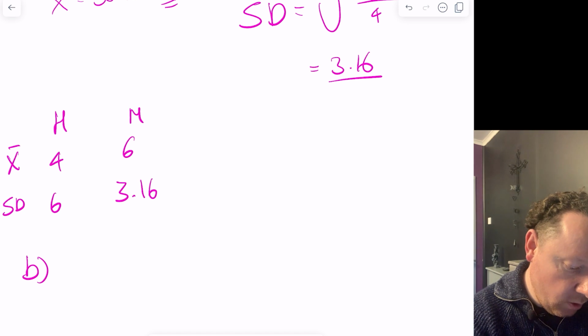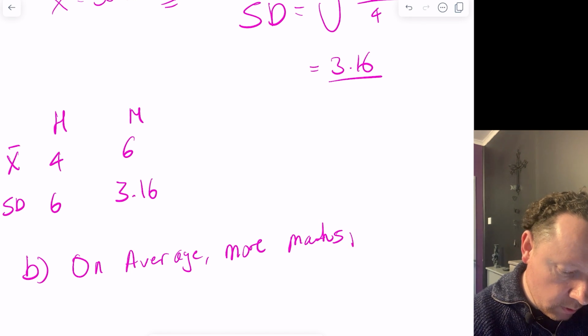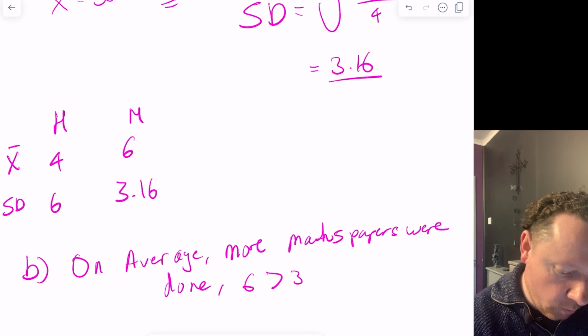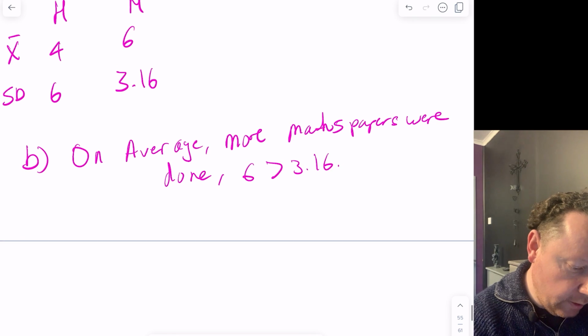So comparing the mean, on average, more maths papers were done, and that's because 6 is bigger than 3.16. And then looking at our consistency, standard deviation is 3.16 against 6.